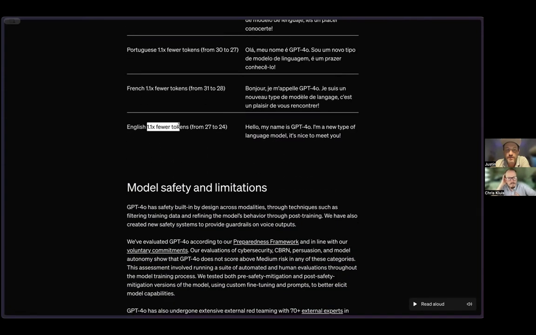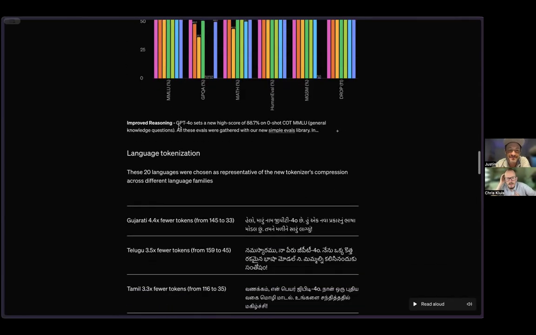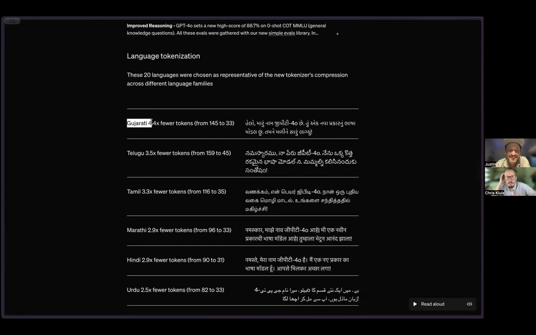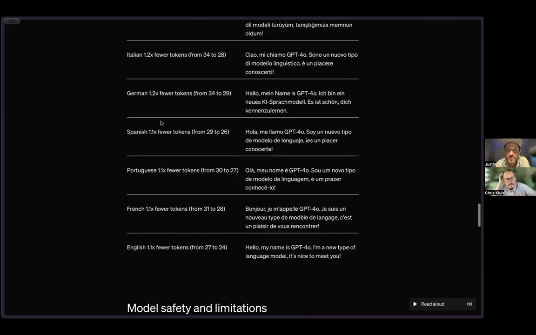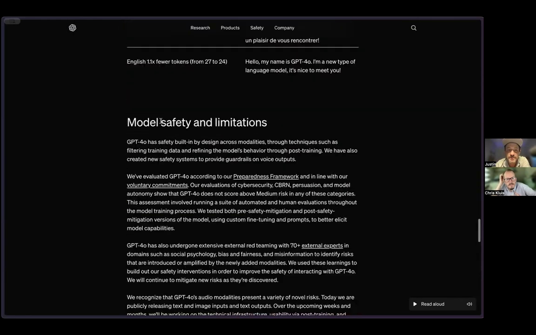So you just get a 10% improvement in savings. But if you're in a non-Phoenician alphabet, yep, I went there, Phoenician, if you're in a non-Phoenician alphabet, it's a massive savings. Yeah, that is wild. Makes it a lot more accessible, which is really cool.